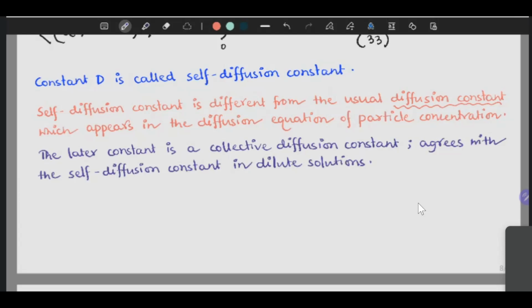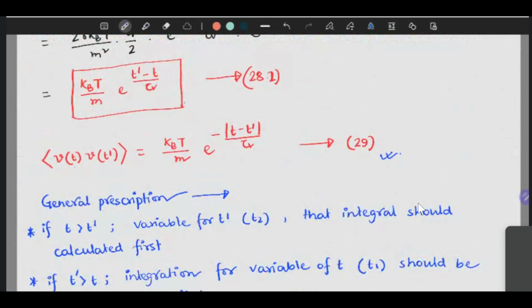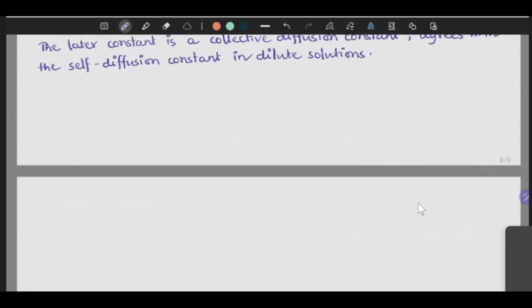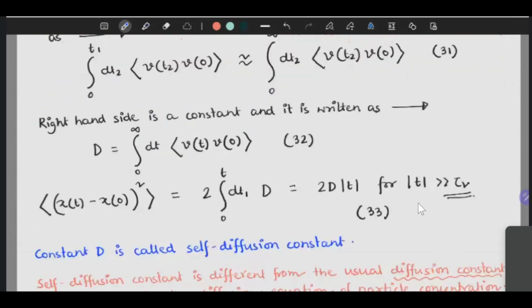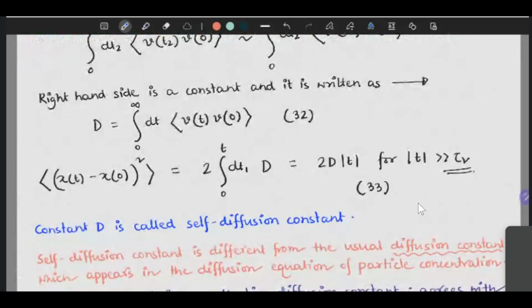Okay, so now if we compare equation 29 and 32, 29 is this one and 32 is this one, then we can write a certain thing.